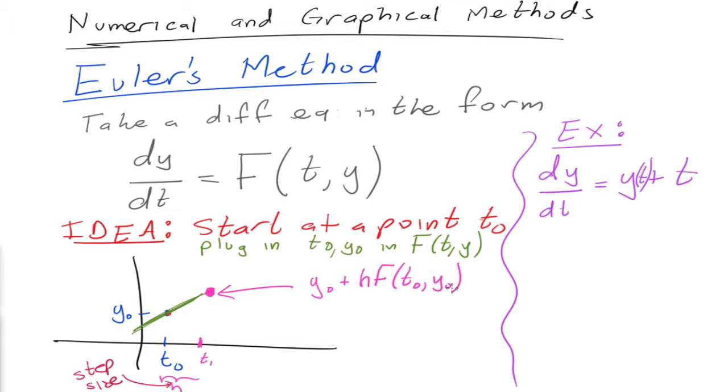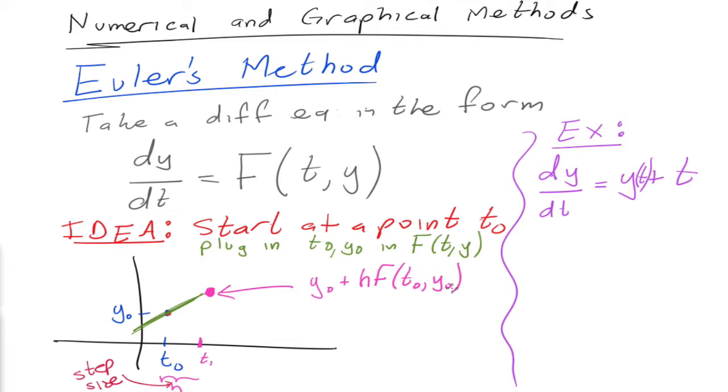There's nothing complicated going on here. I have my Y naught, the value where I start off, and I add the approximated change in vertical distance, which is simply the change in t times the derivative at that particular point in time.